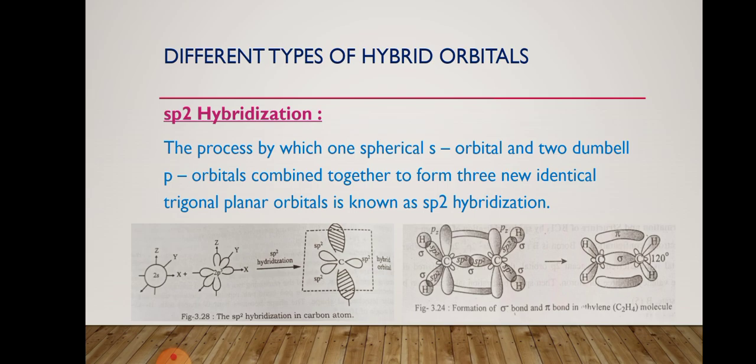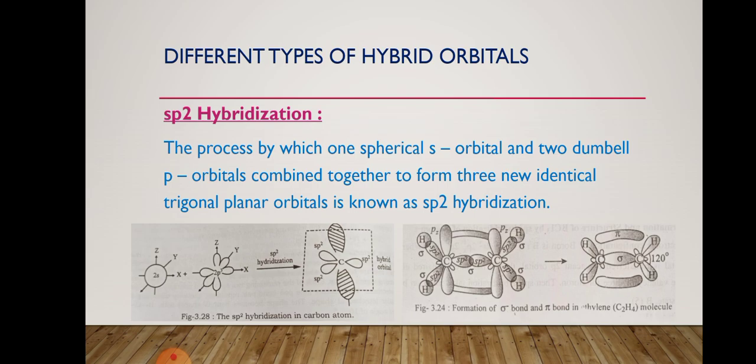That means in sp2 hybridization, one s orbital and two p orbitals are present and they mix with one another and produce three sp2 hybrid orbitals.